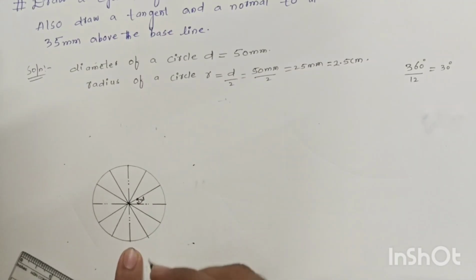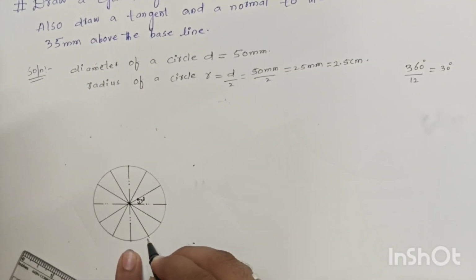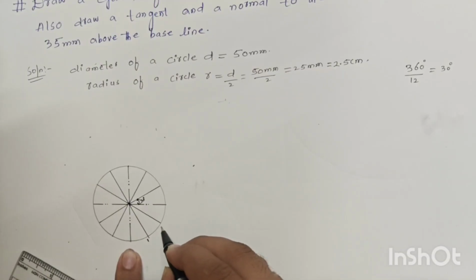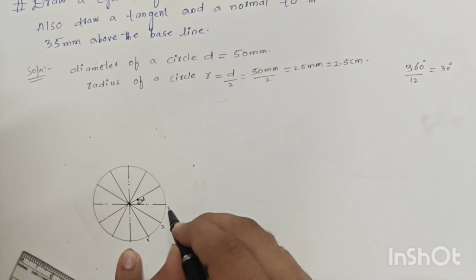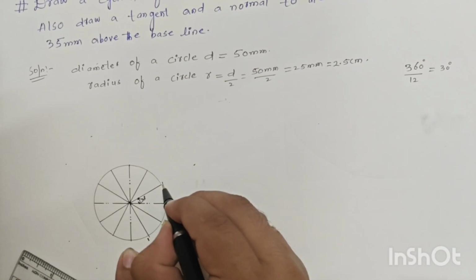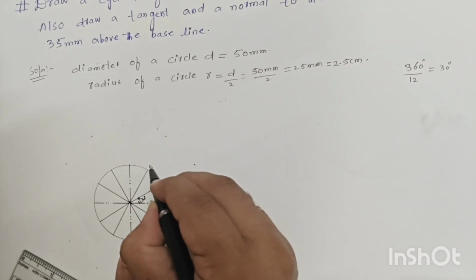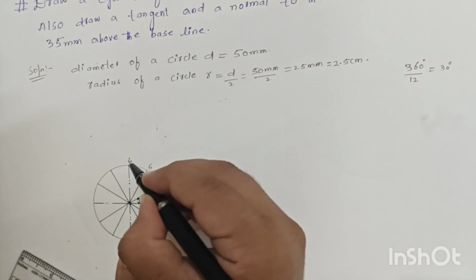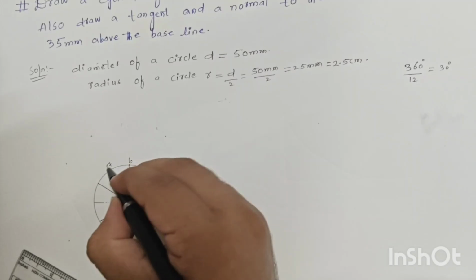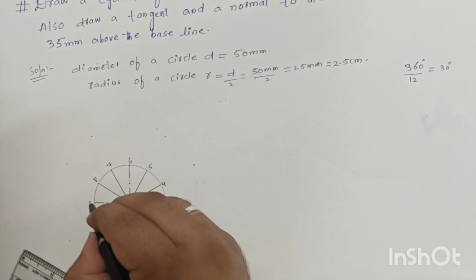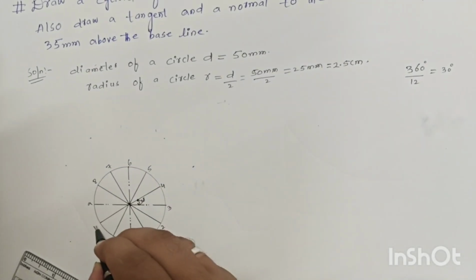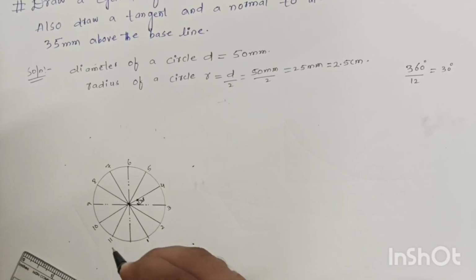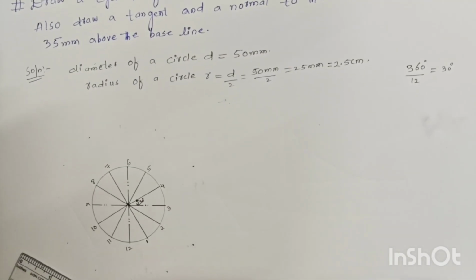Then after that, from this point you need to represent the point in anti-clockwise direction. So this is 1, okay, 2, 3, 4, 5, 6, 7, 8, 9, 10, 11 and 12.